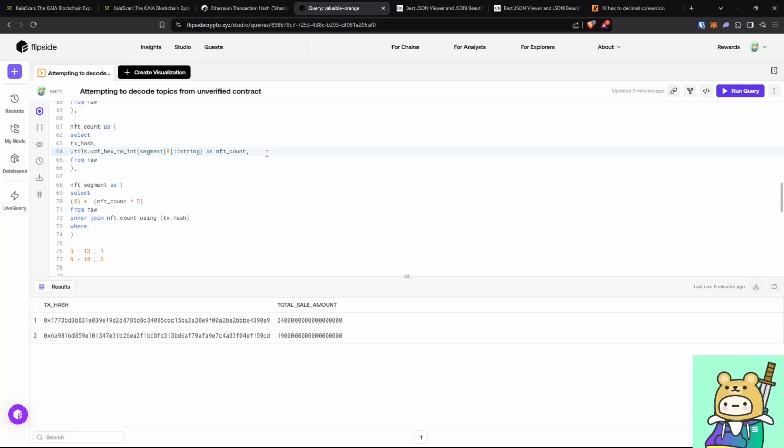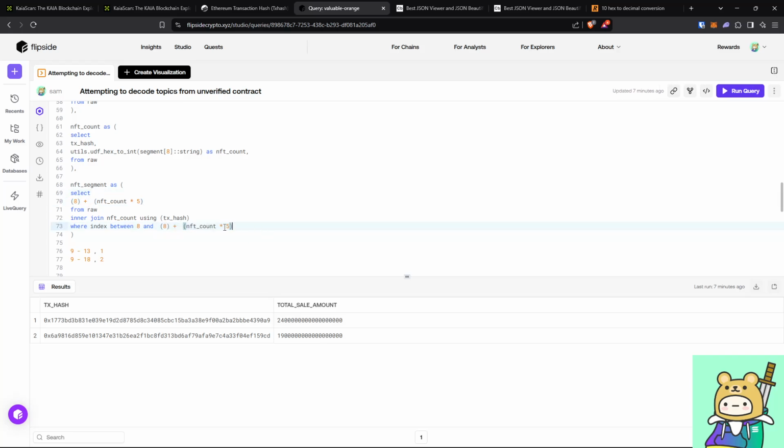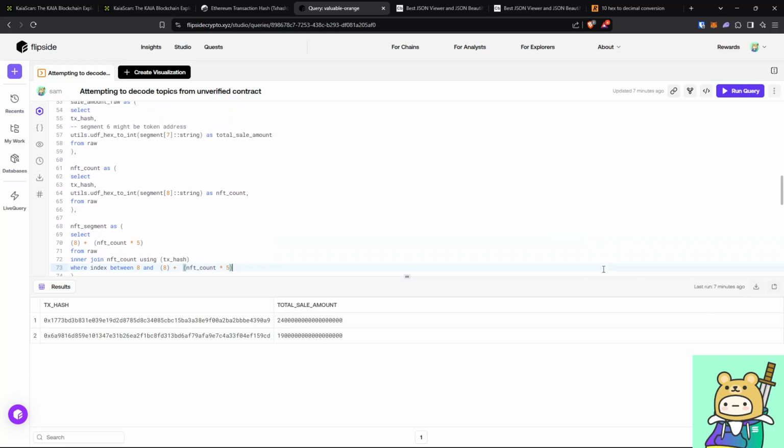Segment between. I need to do something like, where index is between 8 and this number, right? Whole number. But to do this, I first need an index of all the arrays.